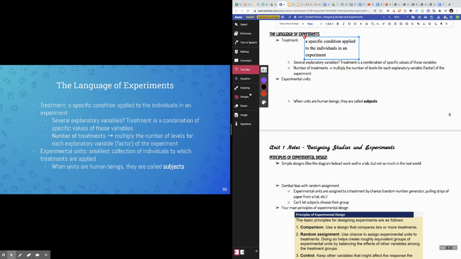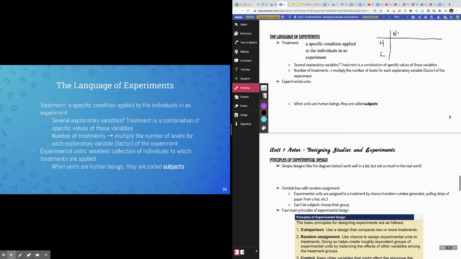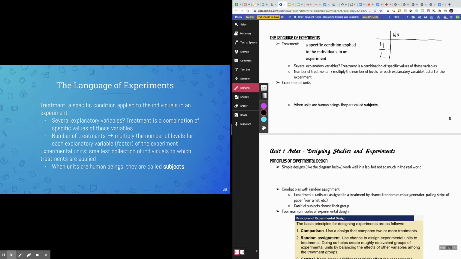So the best way that I can kind of describe this is if you think about your variables as like a table where, say, we had high temperature and low temperature, and then we had no fertilizer, fertilizer 1, and fertilizer 2.